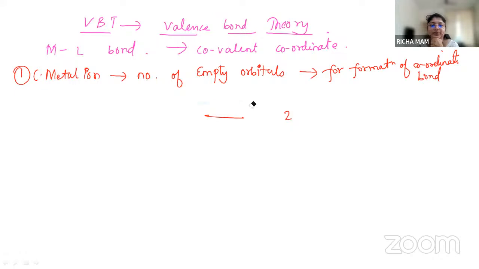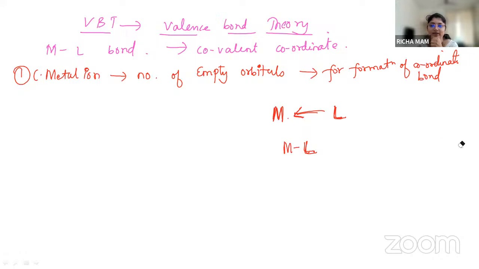Similarly, the metal wants to invite the ligand so that the metal ligand bond is formed. For the ligand to come and stay with the metal, it requires space.